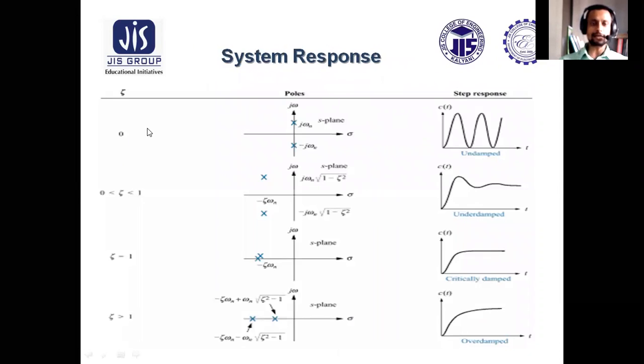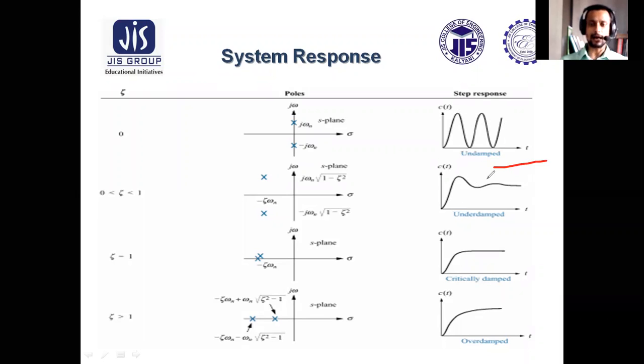Now based on damping ratio, pole location will change, and whenever pole location changes, the system transfer function will change, and the system response will change for the same input. So this slide gives us an overview of how system response changes with change in pole location or damping ratio. This is showing an undamped system having sustained oscillation.